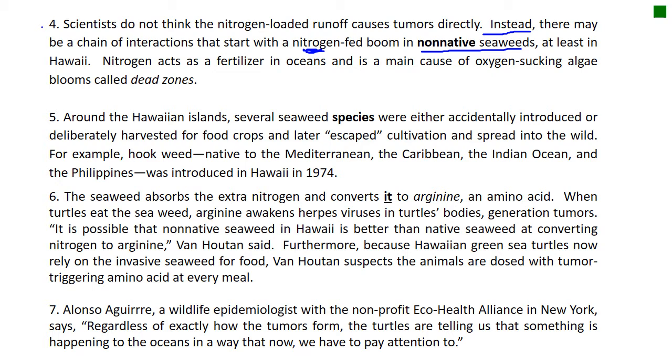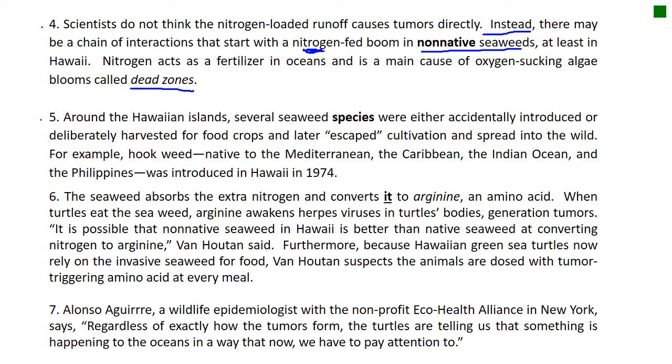Nitrogen acts as a fertilizer in oceans and is a main cause of oxygen-sucking algae blooms called dead zones. So those algae, the invasive ones, the bad ones, feed on nitrogen, okay? And they take away the oxygen from the water.